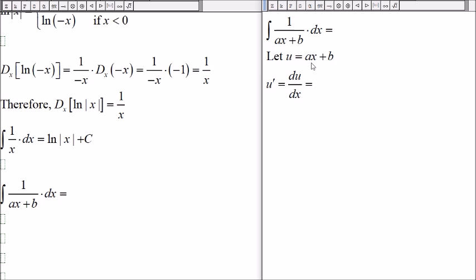And so the derivative of ax, the constant a times x, is just a, and then the derivative of the constant b is 0, and so we get a. So we have the differential of u divided by the differential of x is equal to a. And therefore, by definition of differentials, we have the differential of u is equal to the constant a times the differential of x. And so now we're ready to make the substitution.